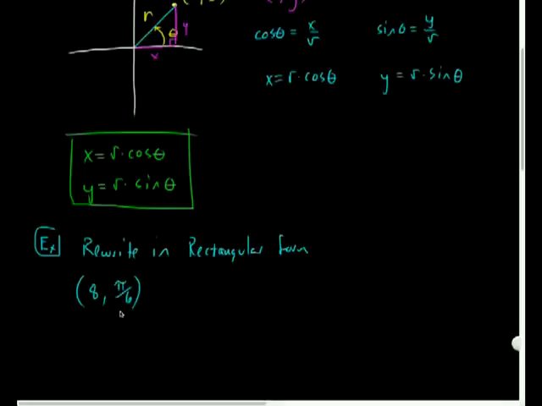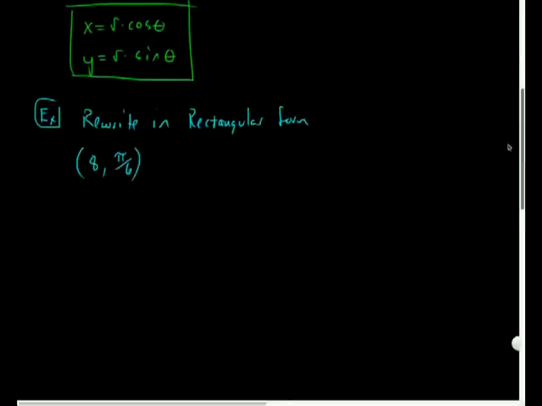So here it is in polar form, but for some reason I want to work in the rectangular coordinate system, where it's going to be easier for us. So what I can do is just plug in what I know, solve for what I don't. Actually, it might not even be a bad idea to label what I know, r and theta. So let's plug it in. x is going to equal 8 times the cosine of pi over 6, and y is going to equal 8 times the sine of pi over 6.